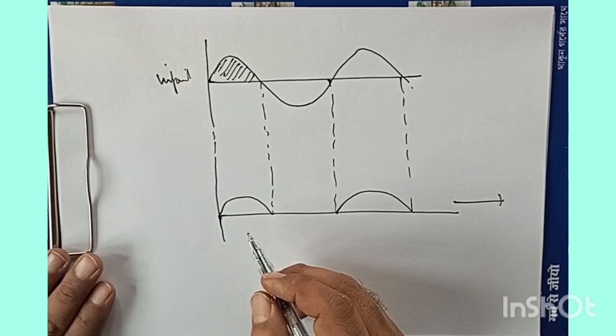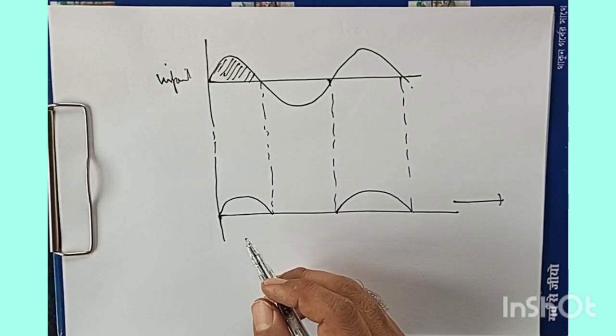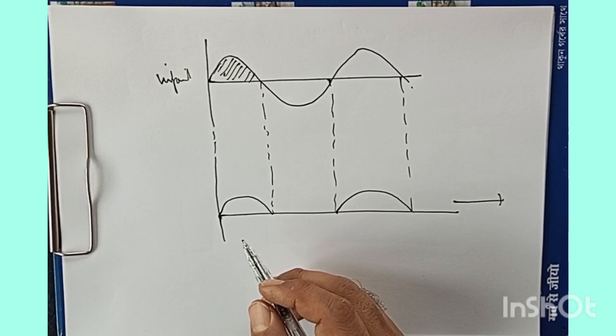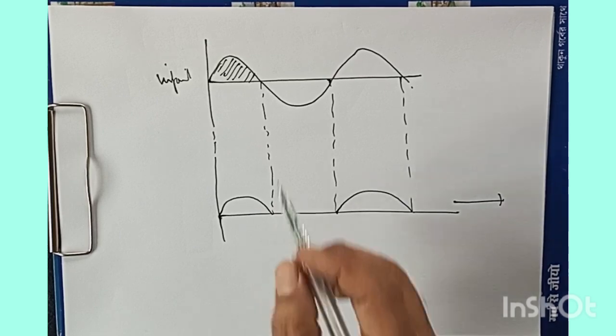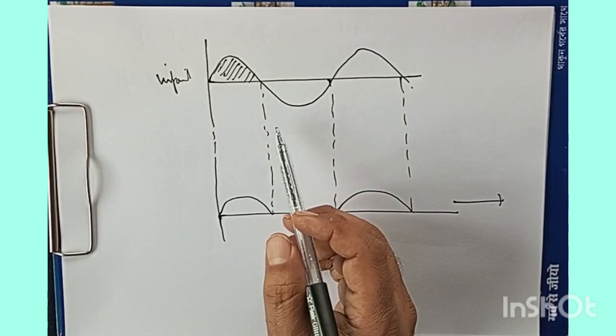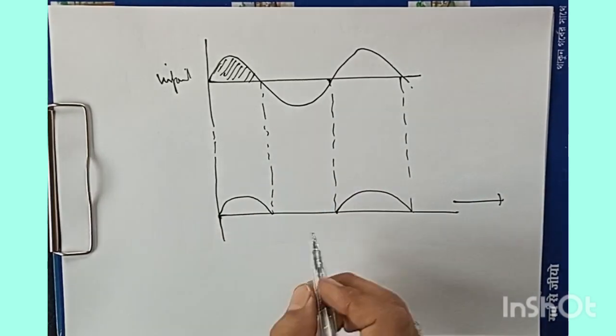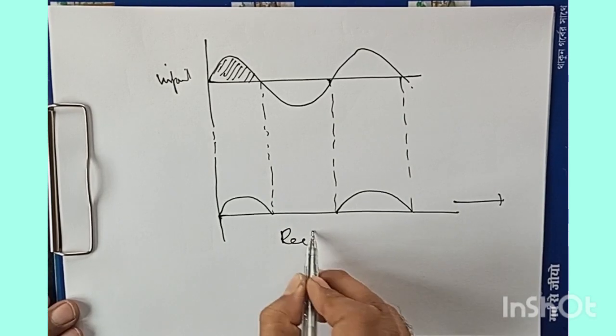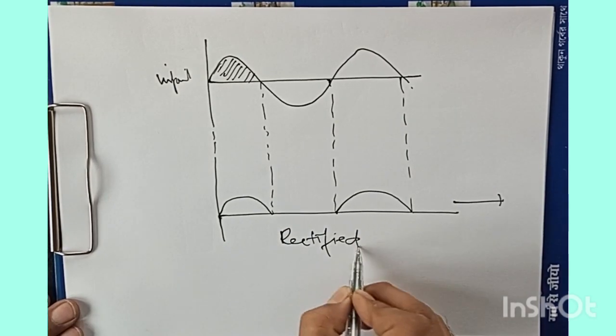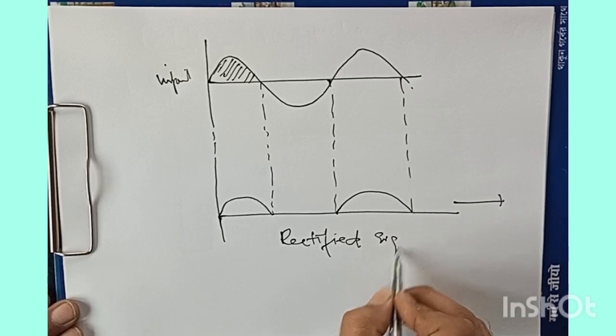So we can see that we have rectified the input signal, but we can understand that there is wastage of the negative half cycle of the input signal. So here we have the rectified signal.